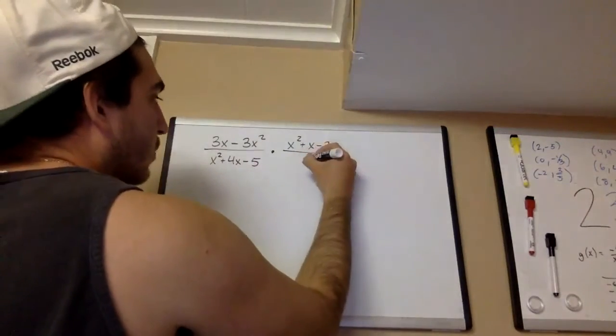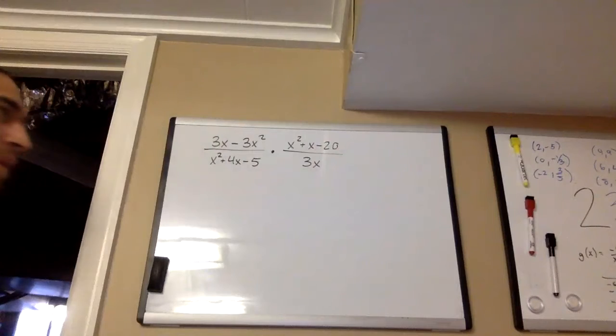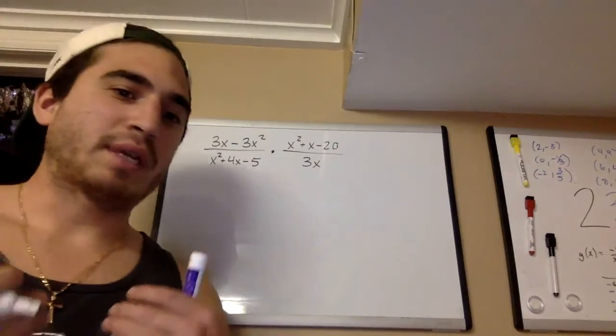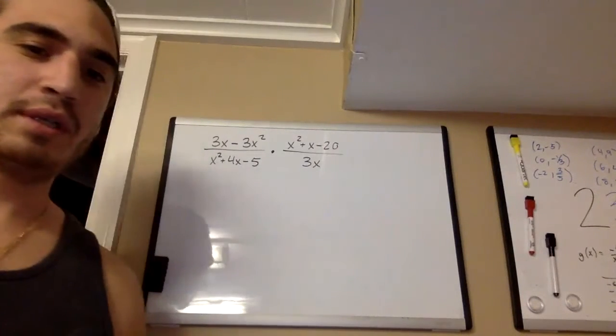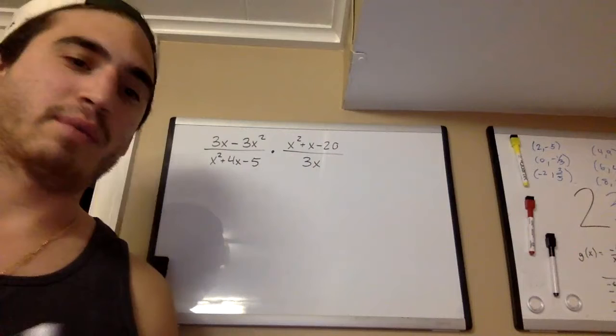Okay, so with these types of problems, you're going to have to factor. So always the first thing you should be looking for is a GCF when you factor.